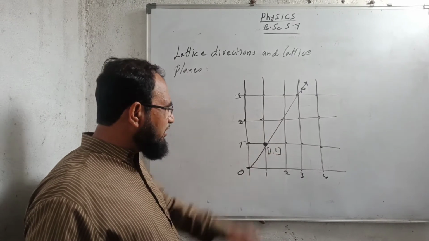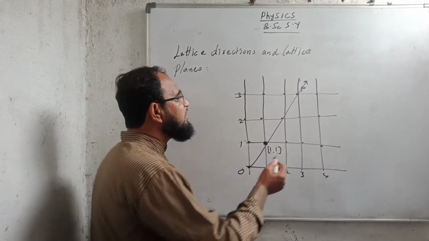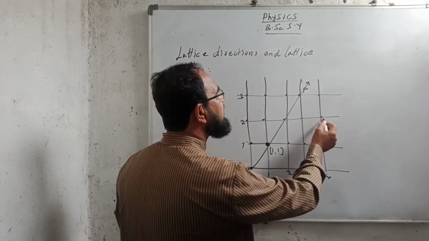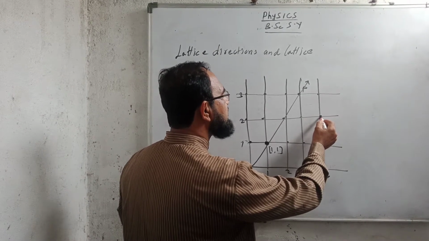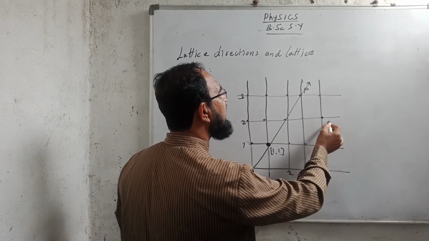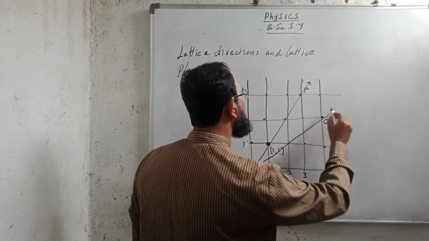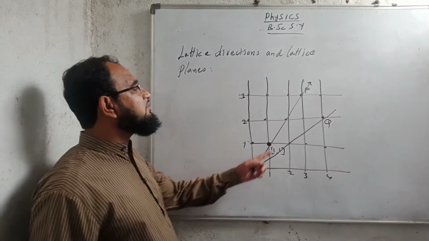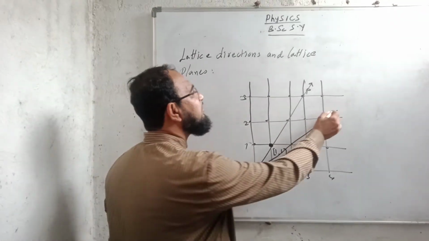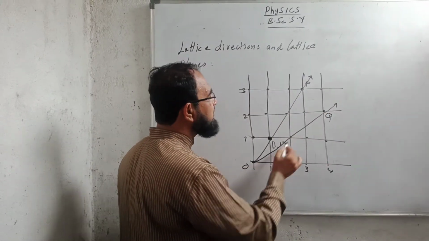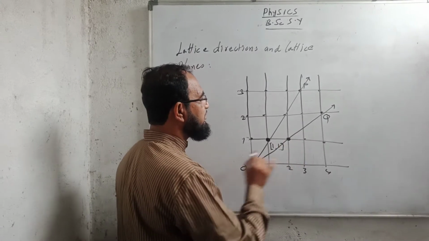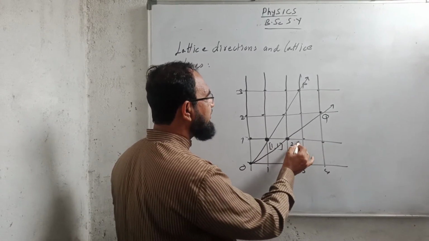Similarly, if there is another point, suppose here at Q, and I draw a line passing through Q, then the first integer point will be here. Here it is 2 comma 1.